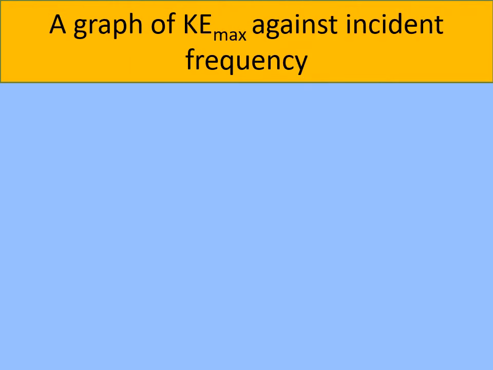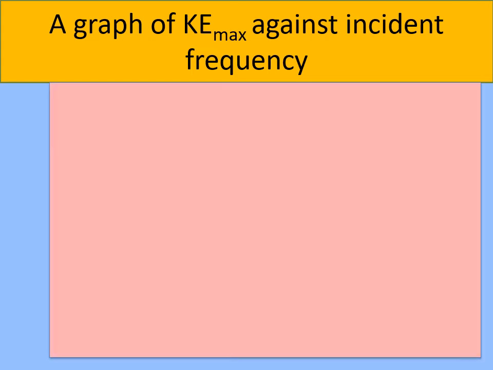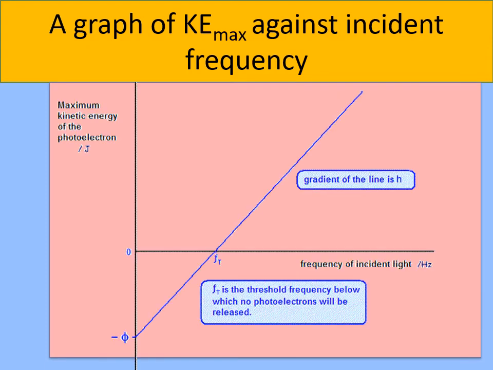Now we can also plot a graph of the maximum kinetic energy against the incident frequency. We plot the maximum kinetic energy on the y-axis and the incident frequency of the radiation on the x-axis, for a particular metal. And what we end up with is a straight line. And we know that the equation of a straight line is y is equal to mx plus c, and we can rearrange our photoelectric equation so that it resembles the equation of a straight line.